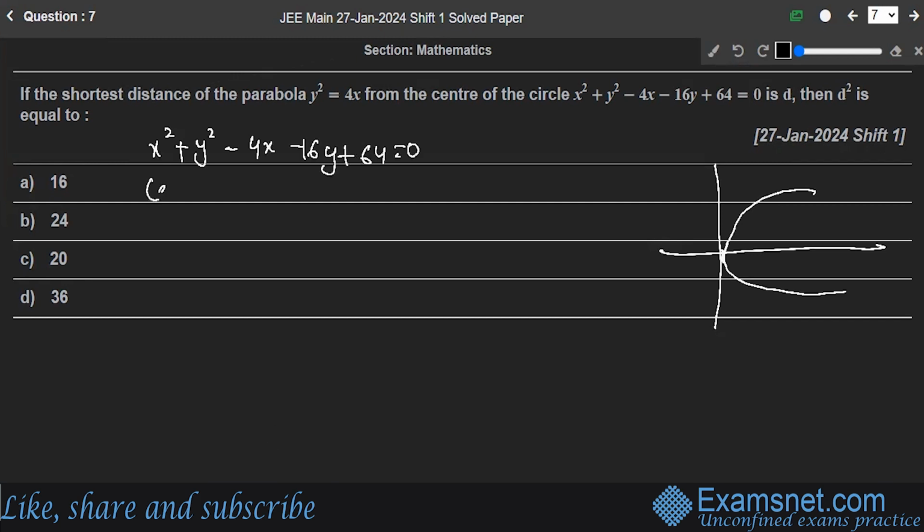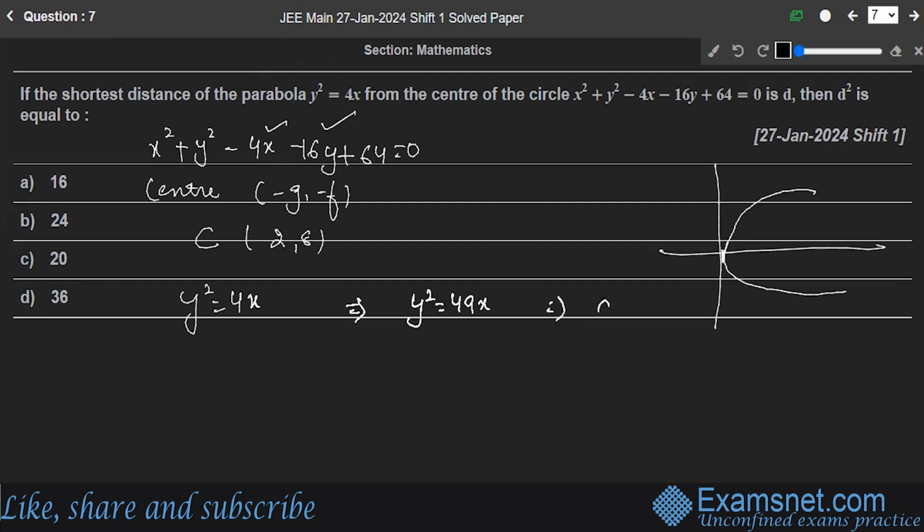What will be the center? It is given by (minus g, minus f), minus half the coefficient of x, minus half the coefficient of y. So (2, 8) is the center for the circle. Now, equation of the parabola, y square is equal to 4x. If I compare it with the general equation, y square is equal to 4ax.